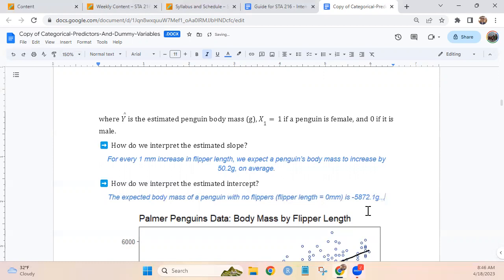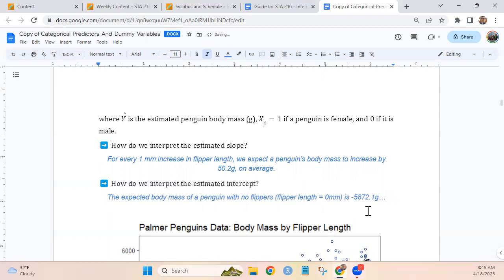Well, is that a good interpretation? So we'll note the intercept should not be interpreted here, since this is extrapolation.